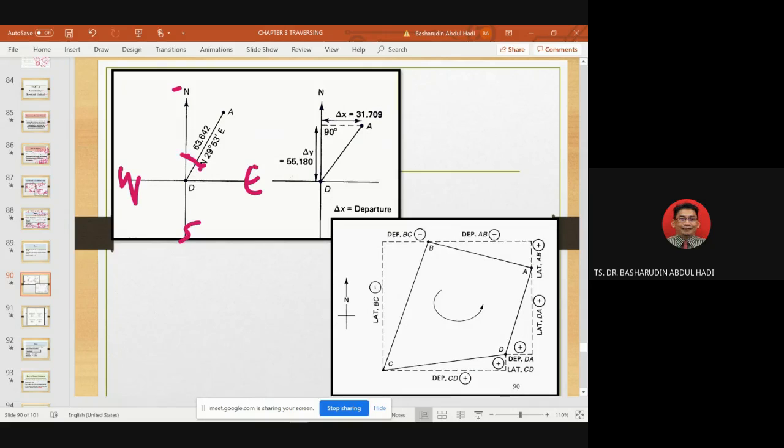So from D to A, the distance is 63.642 meters. When you transform this one using L cos theta and L sin theta, you get D to A for northing and easting.